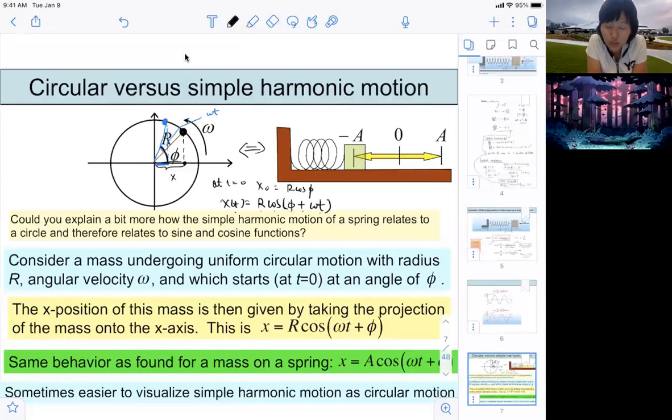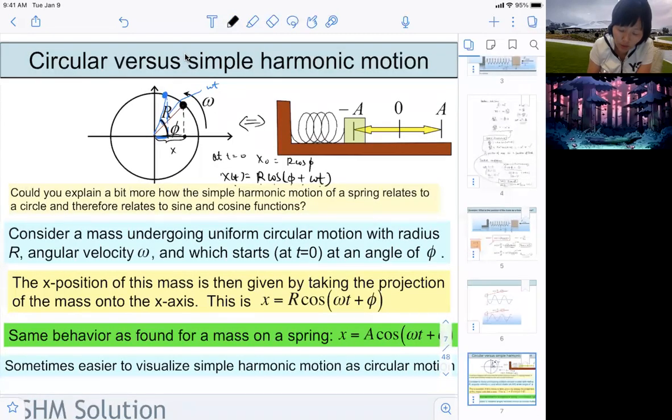And that looks just like the motion of the mass on the spring. The difference is that the amplitude is r, which there we called a or d, and you have an omega t there and an omega t here.